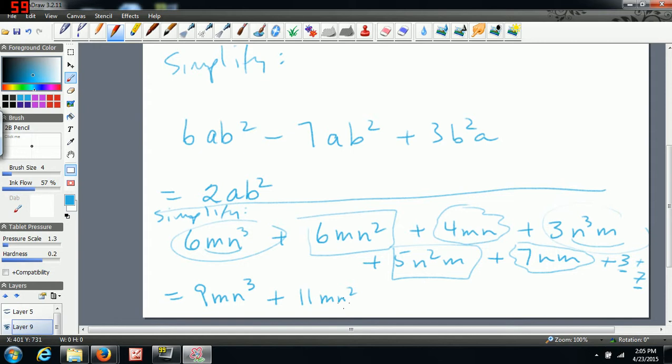Or I could have written it as 11n squared m. And then finally 4mn plus 7nm is equal to 11, and then you can either write it as mn or nm. So I'm just going to go in the same order I've been going. And then finally we would add the numbers, so that would just be 10. Okay, so that's how you would simplify something like that.